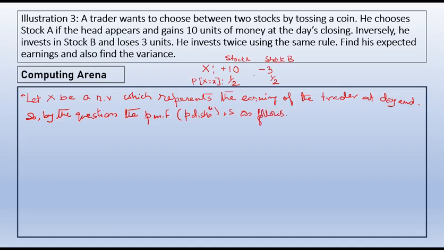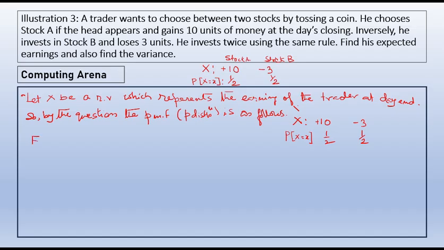X takes the values plus 10 or minus 3. This is with probability half and that is also with probability half.